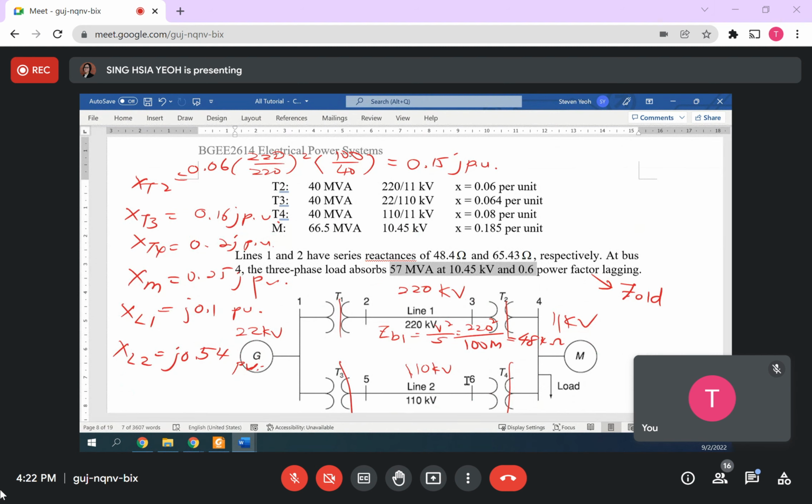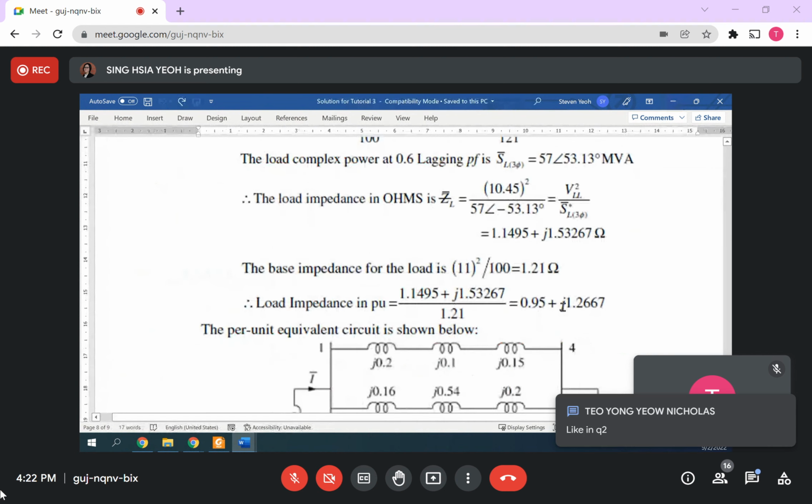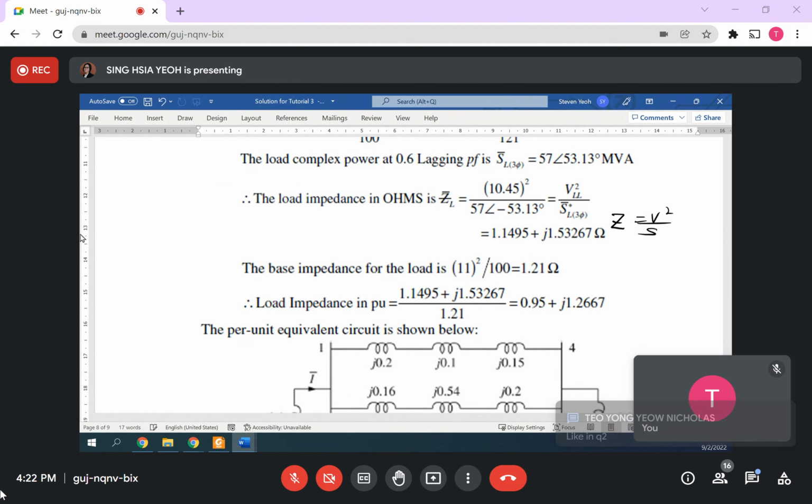S equals to VI. We are using V squared over S, no? Z equals to V squared over S. I think what you want to tell me is that just now I said you need to use S equals to VI conjugate, then I said you need to use Z equals to V over I, right?